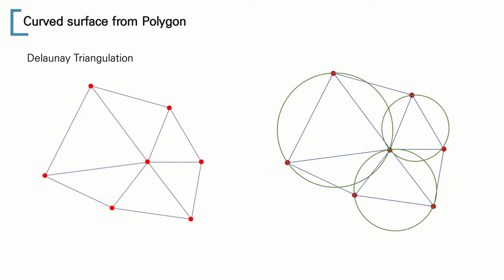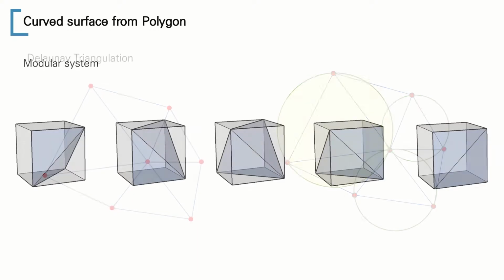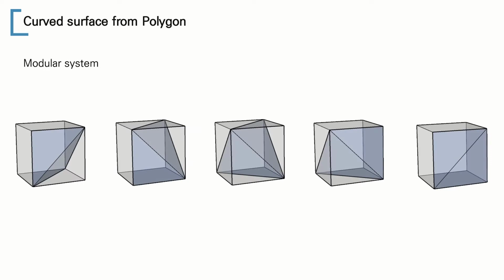This method prevents the vertex of another triangle from entering the circumscribed circle of one triangle, and it can form triangles of even shape and size. Through the triangulation division, these 5 triangular modular systems were derived and finally constituted the nonlinear surface of the curtain wall.